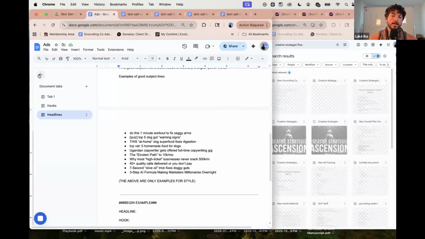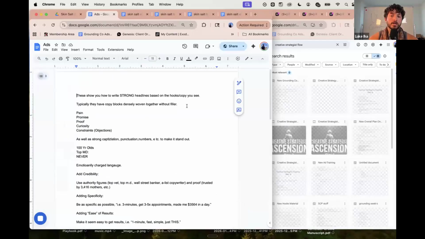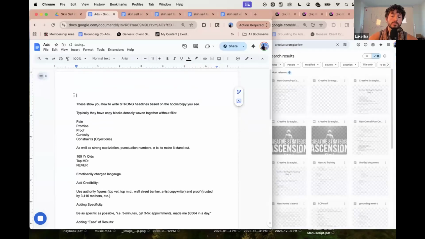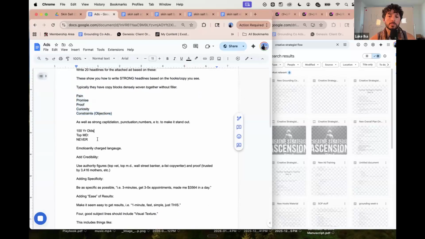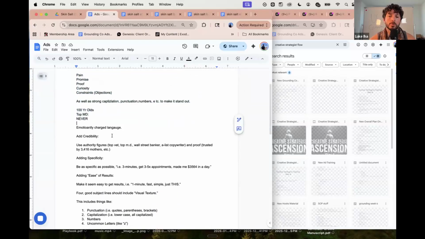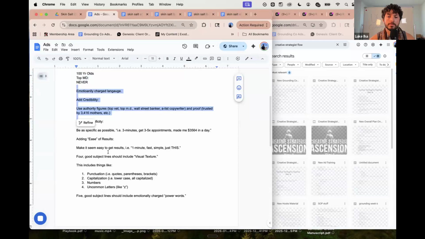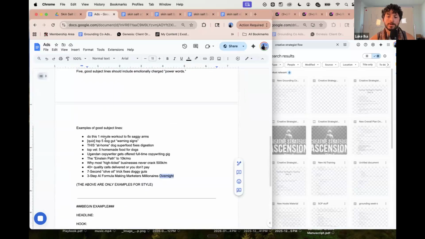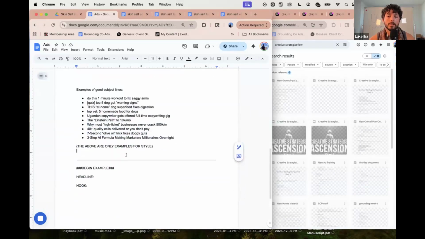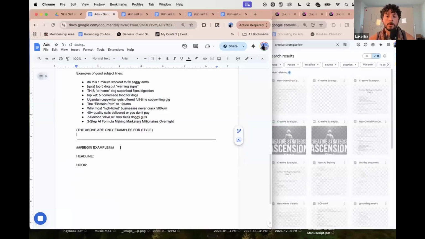So all I say is, these show you how to write strong headlines based on the hooks copy you see. Typically, they have copy blocks densely woven together without filler, as well as strong capitalization, punctuation, numbers, emotionally charged language, credibility, specificity, ease of results. I put some examples. These are literally subject lines, but I didn't care. I was like, just use it. These above examples are only for style.